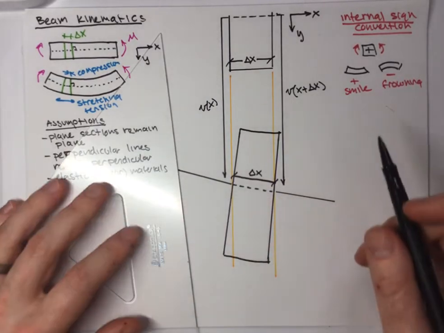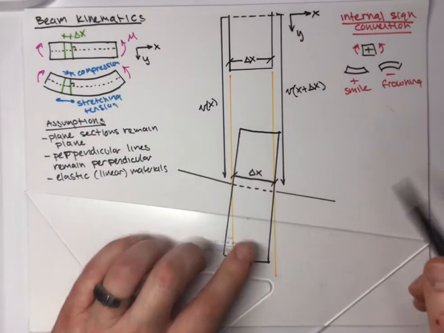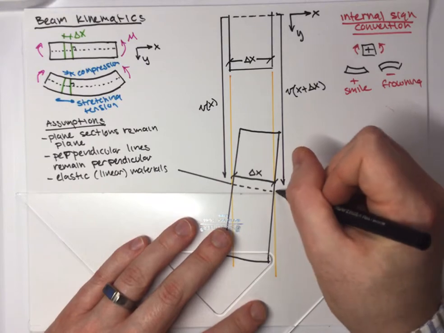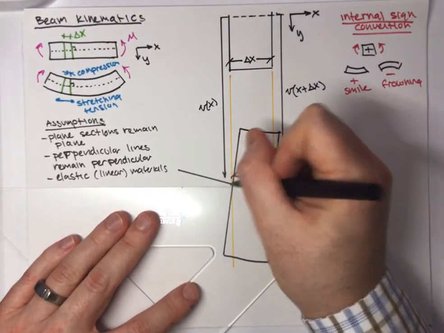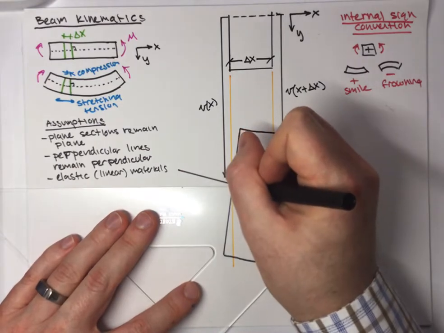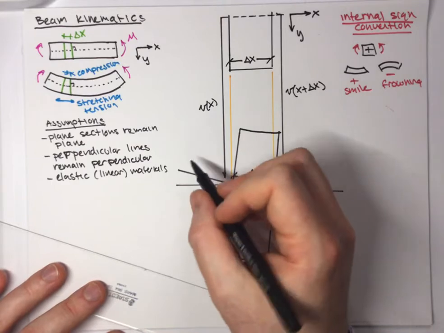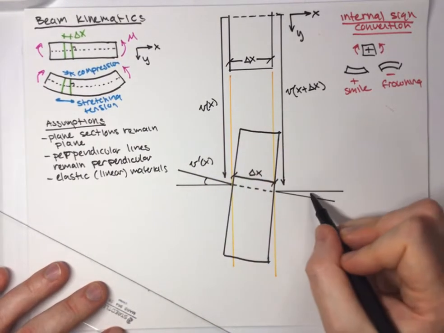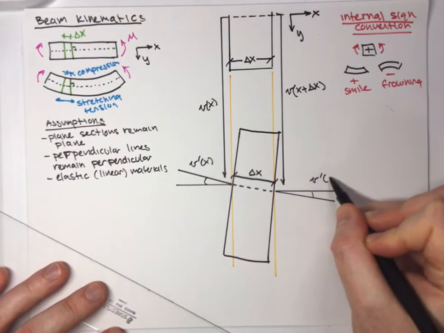That was our assertion. So now, if we know these are the displacements, we can say something about the slopes. And the slopes would be given by the first derivative of the displacement. So we could say that this is going to be the slope at x, and we could say that this will be the slope at x plus delta x.